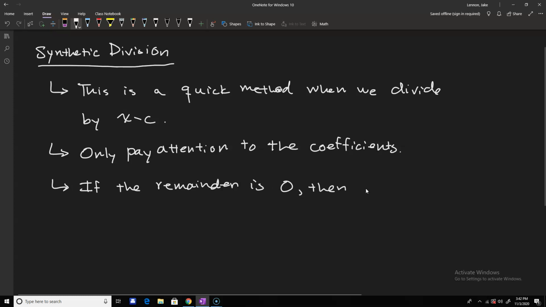then let's say x equals c is a root of the numerator polynomial, or the polynomial that we're dividing into.